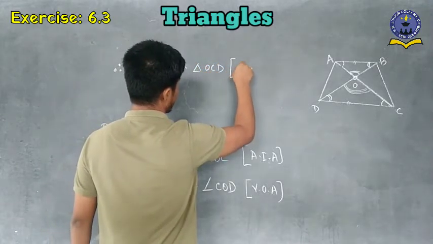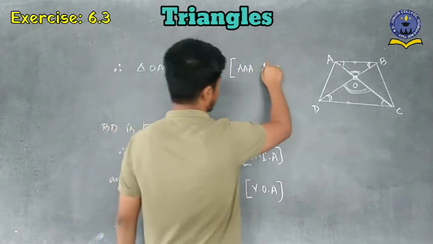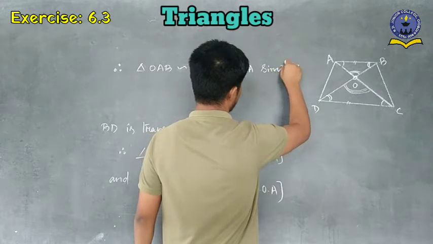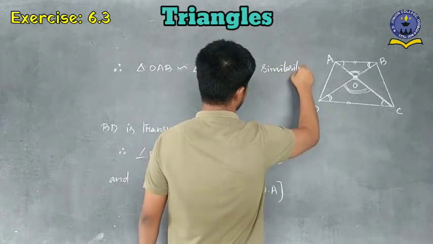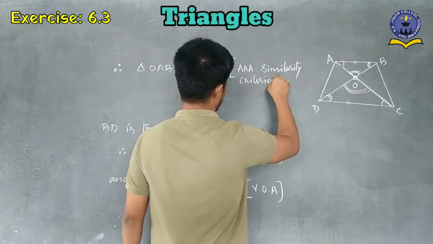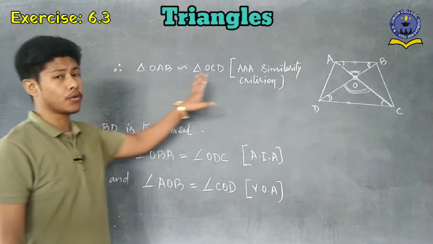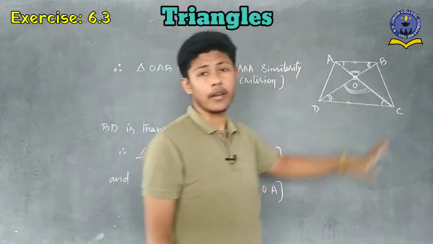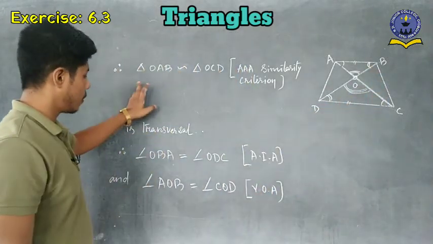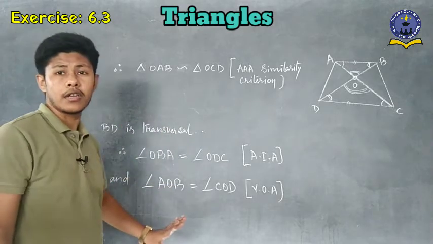In bracket you have to write angle similarity criterion. By angle similarity criterion, these two triangles are similar. Is it clear? I think all of you understood this one. Three angles are equal, so that's why these two are similar.